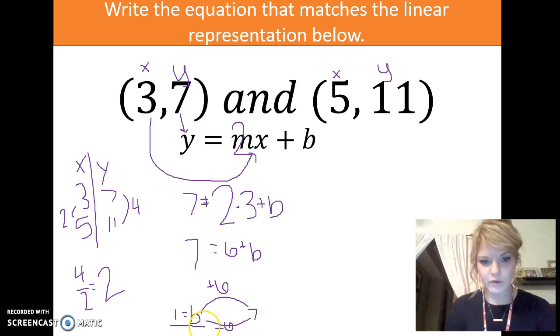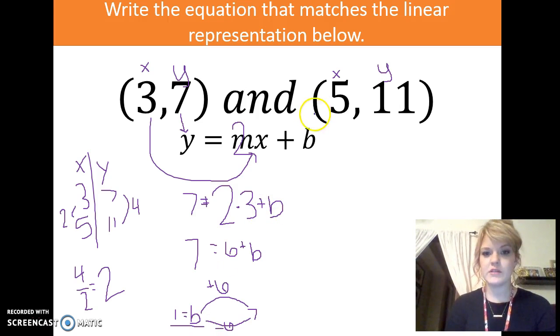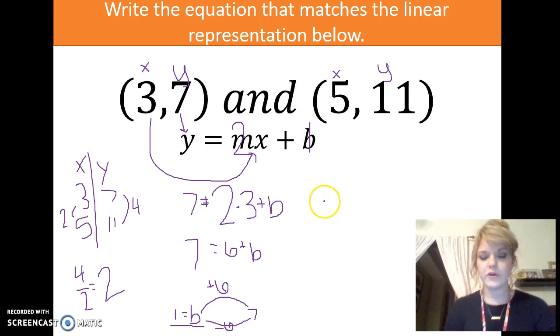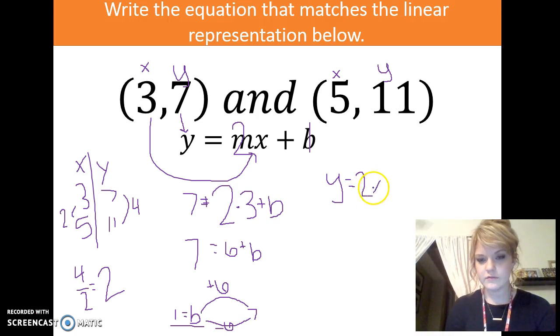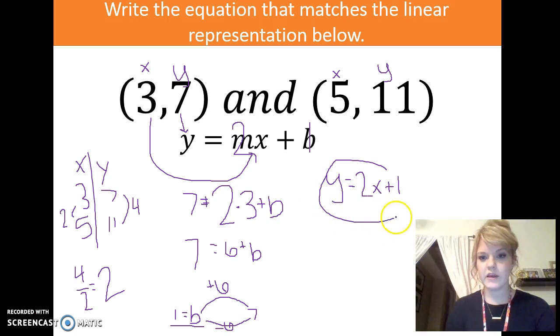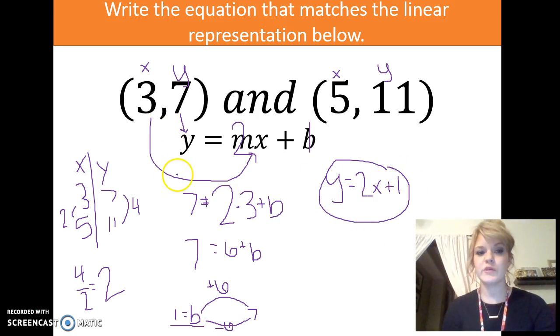So I found what my b or my y-intercept is, so I would put that number in. Now I'm going to rewrite it nice and clean. Y equals 2x plus 1. Okay? This is your final answer, the equation between 2 points.